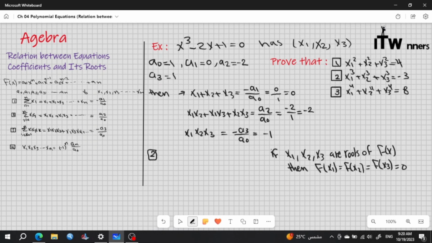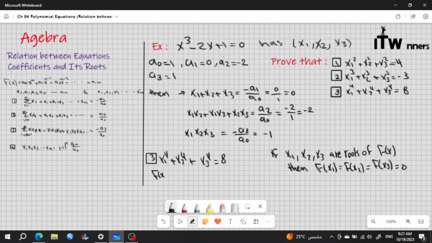We have to prove that x1 power 4 plus x2 power 4 plus x3 power 4 equals 8. Okay, so same as the last one, we can substitute in this equation, and just multiply our f of x by x. Okay, so let's do that.